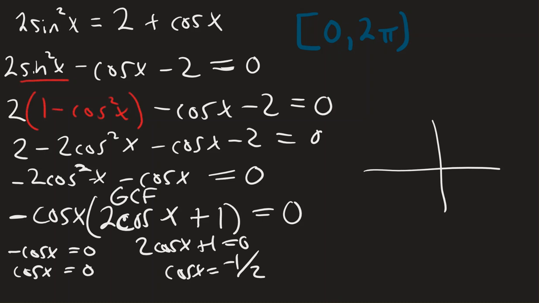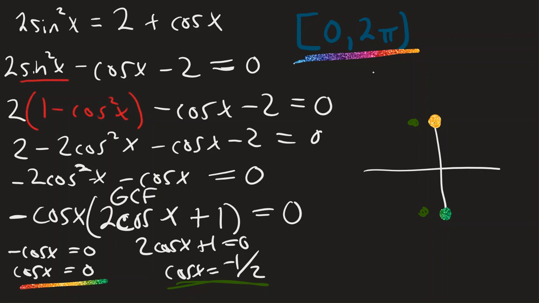So now I can go and think about the unit circle here. Cosine is 0, those two locations, and it is negative 1/2 at these locations. And so again, don't say pi over 2 plus 2 pi n, 2 pi over 3 plus 2 pi n, no plus 2 pi n's, because the directions say just between 0 and 2 pi.